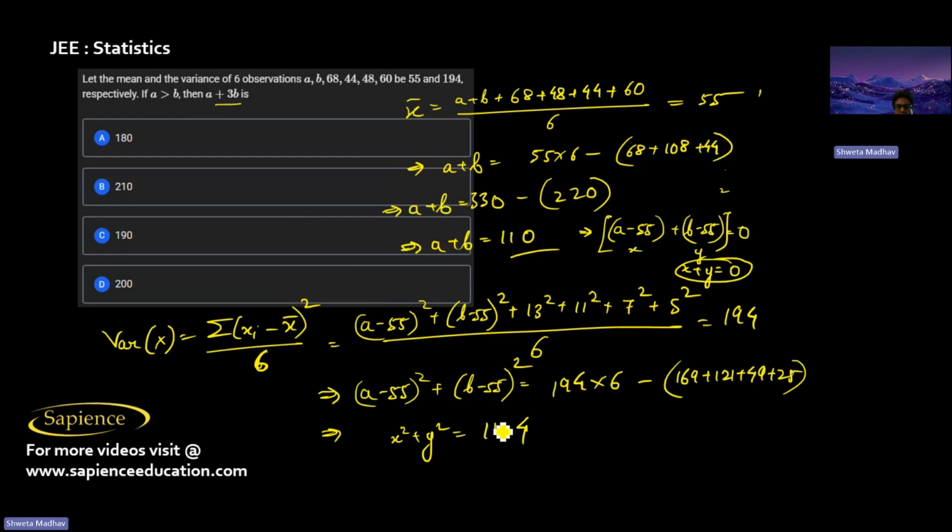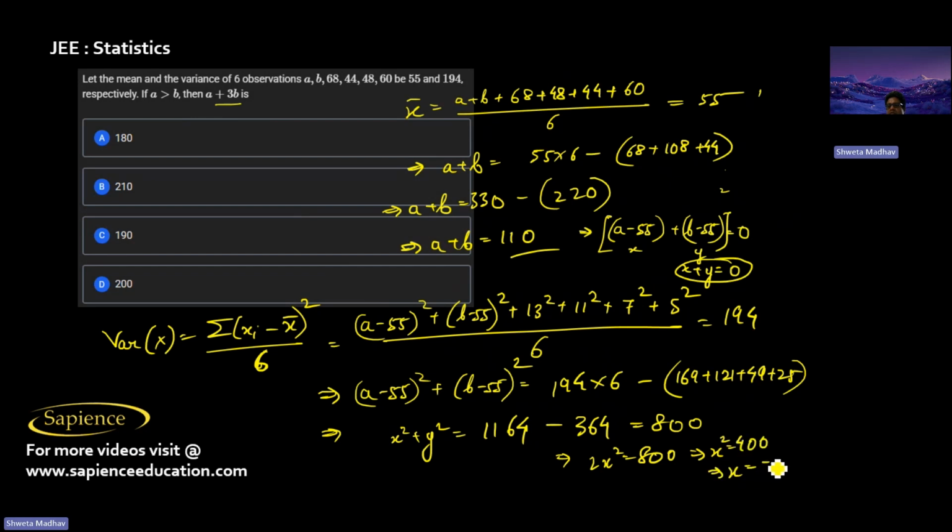That is 1164 minus (169 plus 121 plus 49 plus 25), that is 364. So this will be equal to 800. Therefore, since y is minus x, I can say 2x square is equal to 800. So x square is 400.